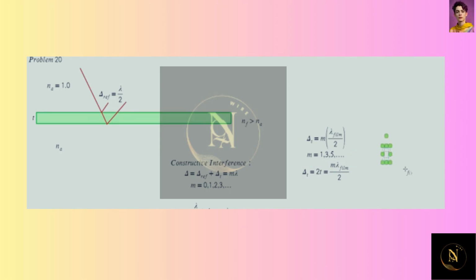So the formula is written with respect to the refractive index, and n film is going to be equal to the speed of light in vacuum over the speed of light in the film, and the speed of light is lambda f.